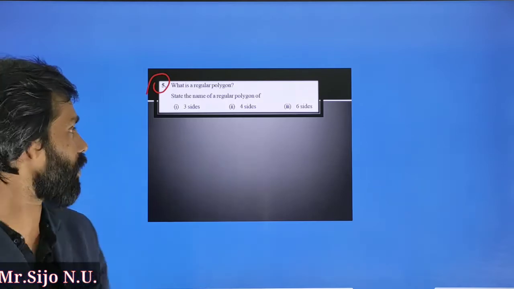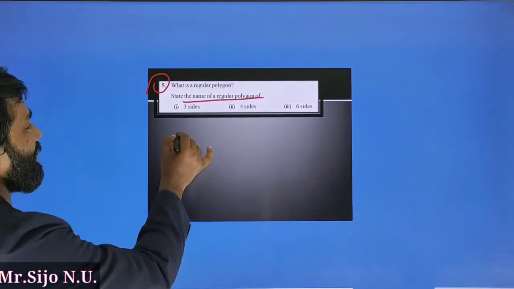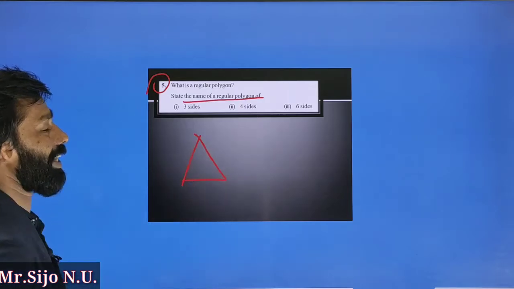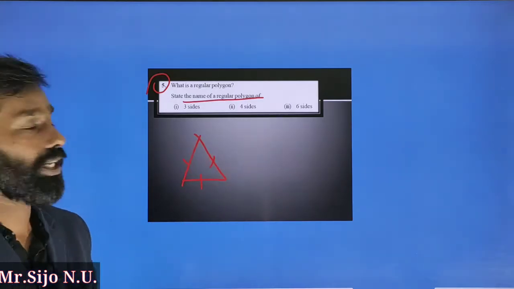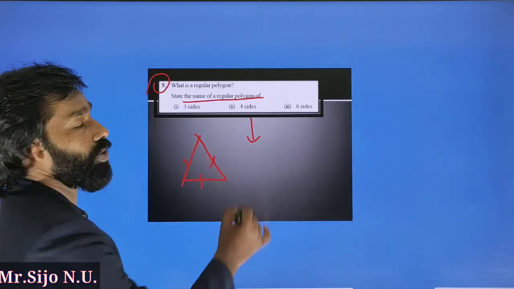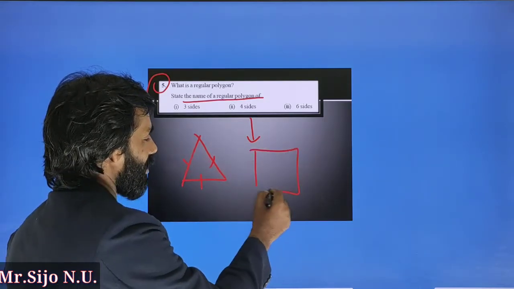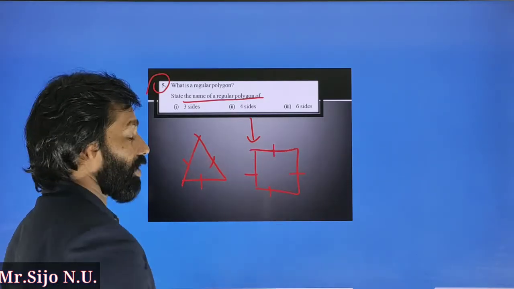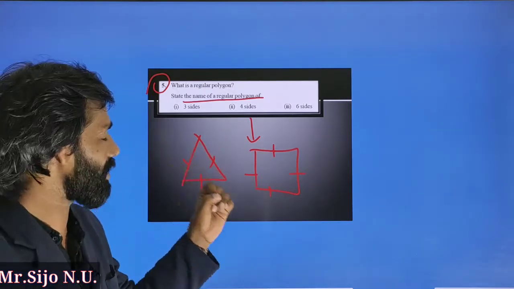Well, hope you understood. Now, state the name of the regular polygon of 3 sides. We have learned already that its 3 sides are equal. What about its name? Yes, that is an equilateral triangle. And what about the 4 sided regular polygon? That is very simple, that is a square. We already discussed that. The 4 sided regular polygon is called a square.